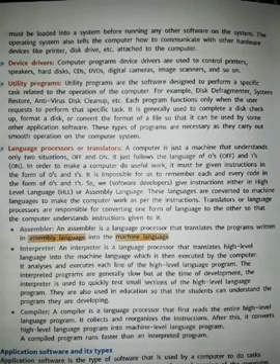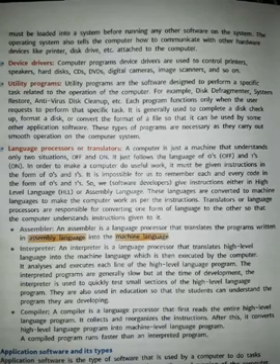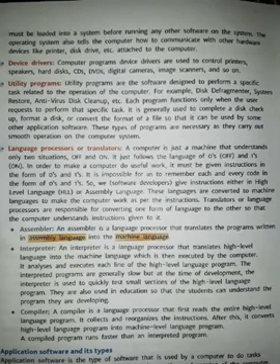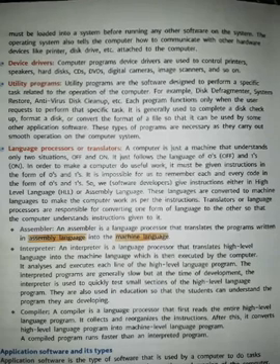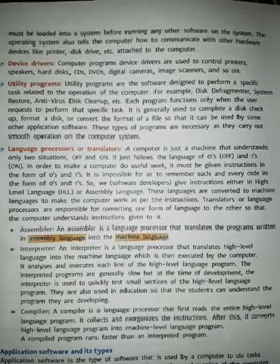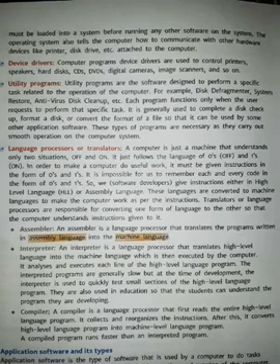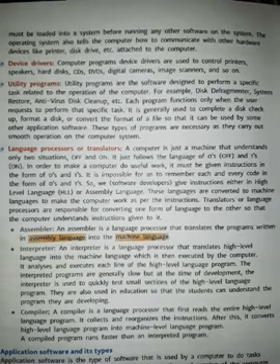So the translator translates user instructions into the computer-understandable format of 0 and 1, and then it reconverts the result into a user-understandable form. We give instructions to the computer as a high level language and also assembly language.